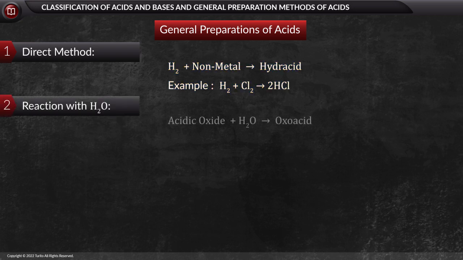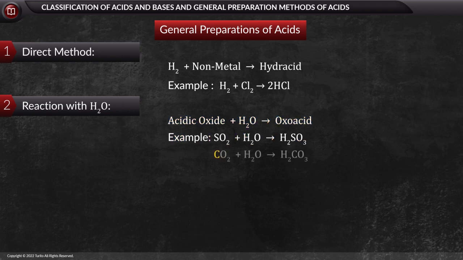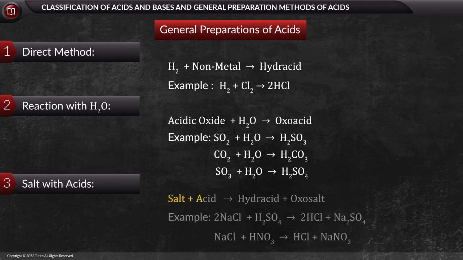The reaction of nonmetallic oxide with water forms oxoacids, like sulfur dioxide with water forms sulfurous acid, carbon dioxide with water forms carbonic acid, and sulfur trioxide with water forms sulfuric acid. Halide salts with acid give hydracid, plus oxosalt is formed. Chloride salts, when they react with sulfuric acid or nitric acid, form corresponding salts and hydrochloric acid.